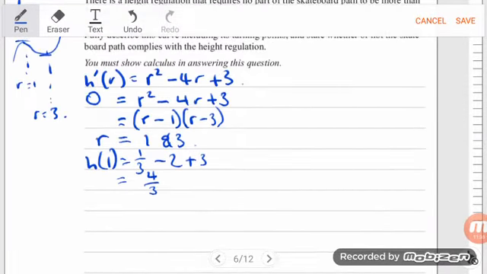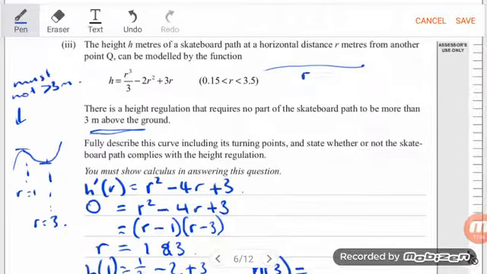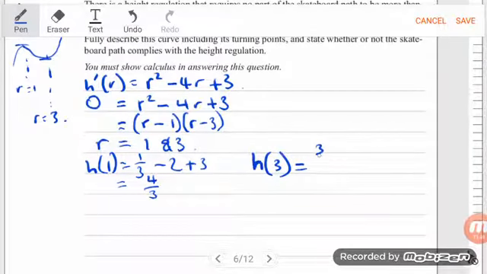Alright, let's start working across the page. When r is 3, height is going to be 3 cubed over 3, which is just the same as 3 squared.